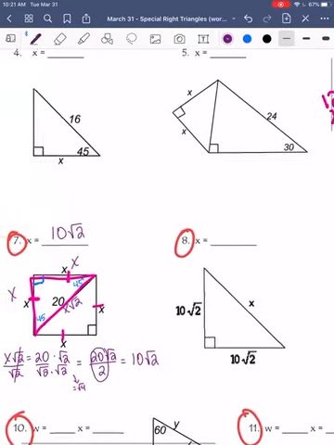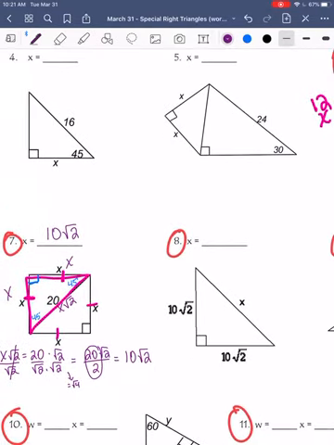Now, number 8 is similar, but some of you thought immediately that the answer was 10 root 2, I think is what a lot of us put. I should have pulled up the Google form while I was working this. But basically, it's just the reverse of number 7. Okay, so let's go ahead and label it. Let's not skip steps. So this is our x, this is our x, and this is our x root 2 side.